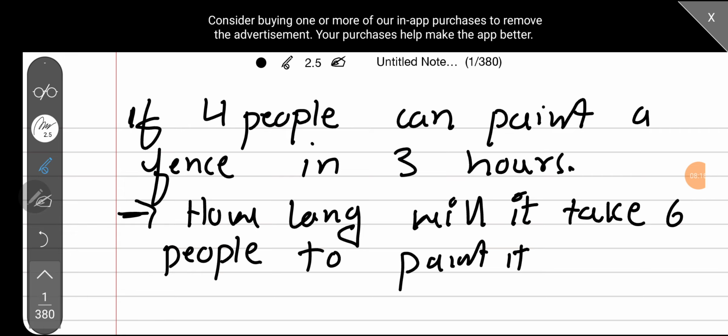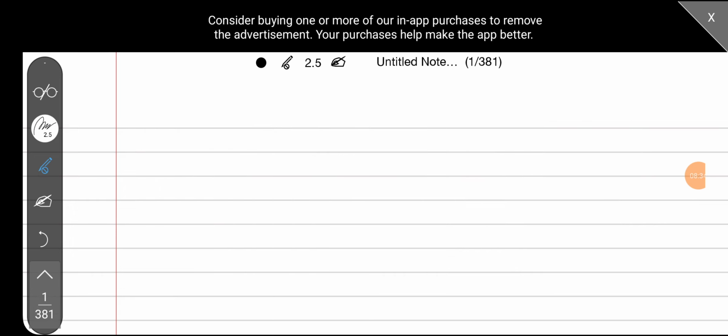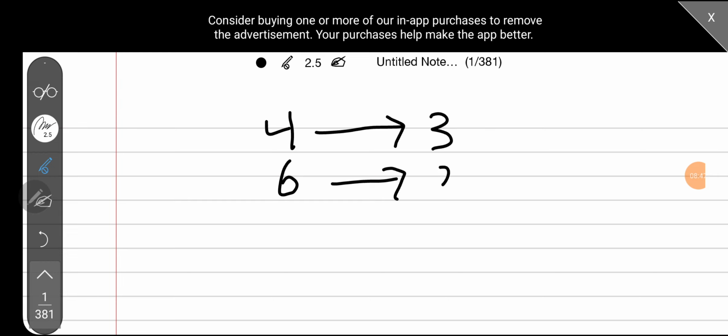So 4 people can do that work in 3 hours. If we increase the people, so it's inverse proportion. If we increase the people, the hours decrease and the work will finish in much less time. Now if we increase the people to 6, how much time will it take? So it's hours and it's people.